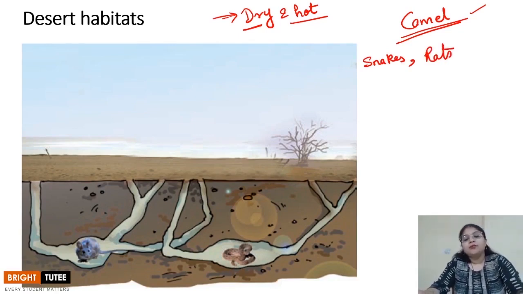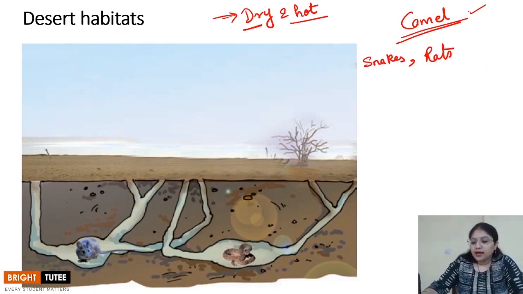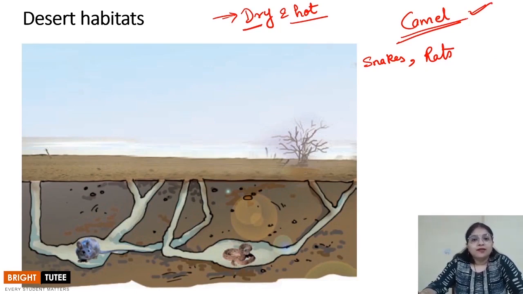Now if you look at the body structure of the snakes and the rats, you will see that unlike the camel, they do not have long legs, right? In camels we saw that the camels had long legs to protect the body from the heated sand, right? In the case of snakes and rats, this is not the case.